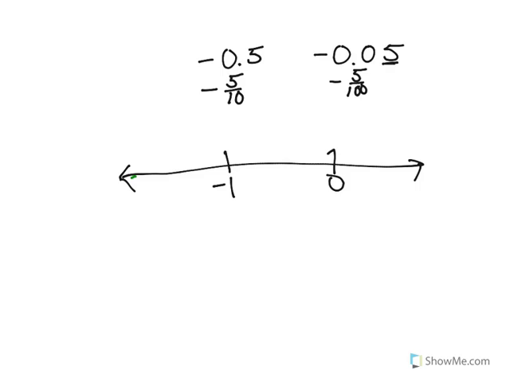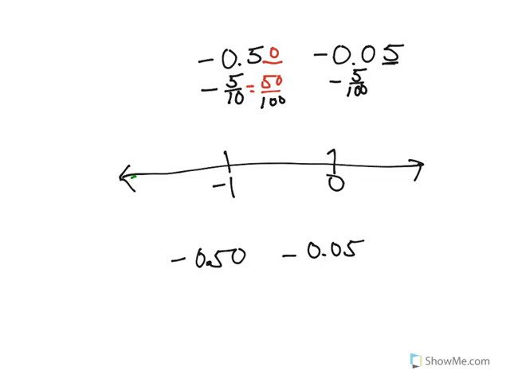So if we wanted to make them the same, we would need another number here, which we learned earlier. We can make that into a 50 by making this into 100, and making that 50 that way. So now if we're looking at it that way, it becomes negative 0.50 or negative 0.05.